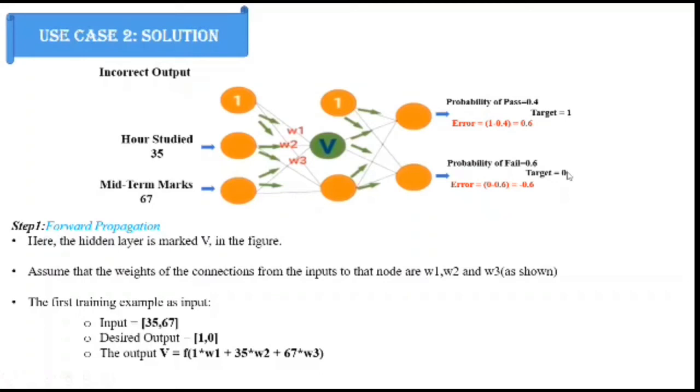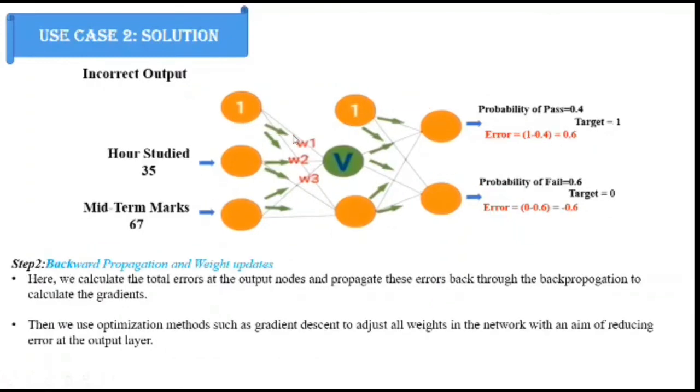So we got an error, and it is 0.6 for the first output node and minus 0.6 for the second output node. This has happened because the weights and bias are initially randomly assigned. As they are randomly selected, we got random weights. Now we need to go back and optimize these weights. This is where back propagation comes in.